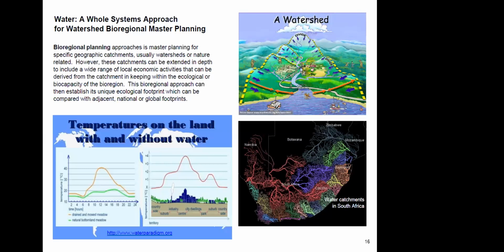Apparently, Rio was a huge sprawling city more than 100 years ago, and in a short spate of years, the average temperature became literally unbearable until the city godfathers decided to plant millions of trees. About 20 years later, the average temperature had dropped by 4 degrees. So it can be done, and it has been done. So this is a whole systems approach in a watershed.